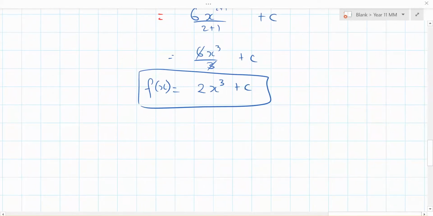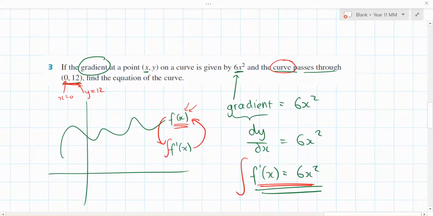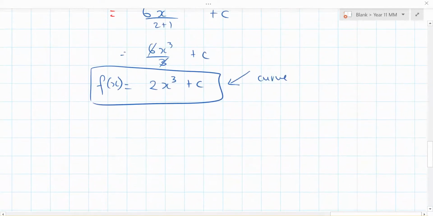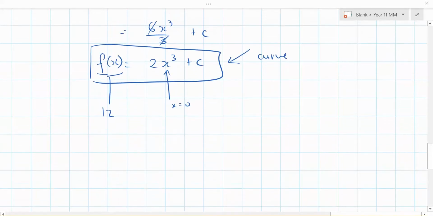Now, I don't know what c is, but they did say that apparently this curve, okay, so 2 times x cubed, this curve passes through 0, 12. So what does that mean? They're just saying that this curve, when x is 0, the answer should end up being 12, which is your y value.